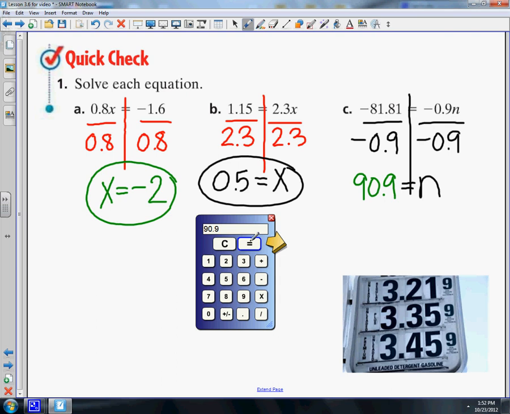And my answer is going to be positive because I have a negative divided by a negative, which makes a positive answer.